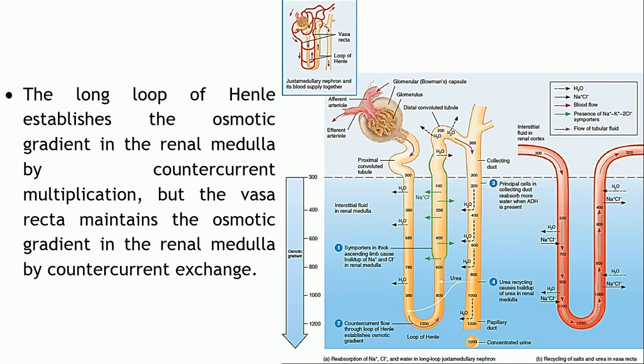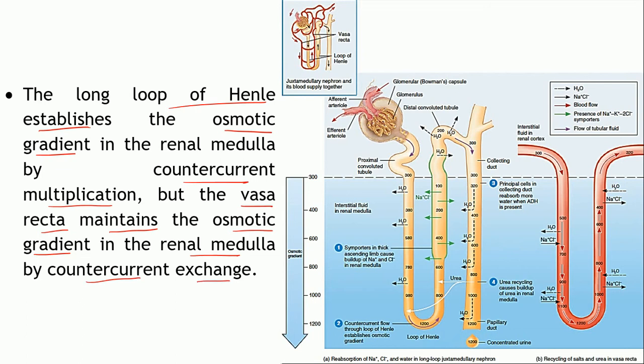Okay, so what can you conclude from this? The long loop of Henle establishes the osmotic gradient in the renal medulla by countercurrent multiplication. And the vasa recta helps in maintaining the osmotic gradient in the renal medulla by countercurrent exchange.